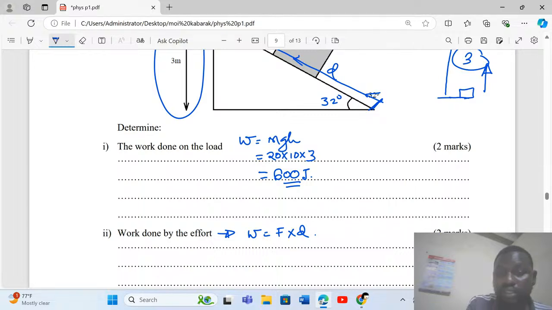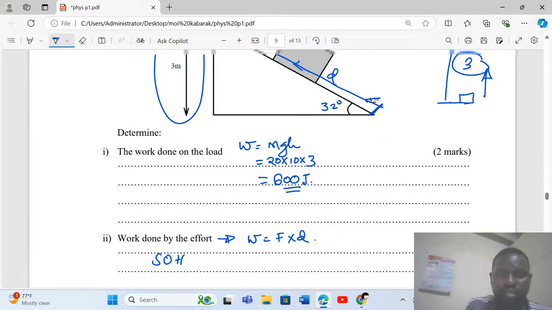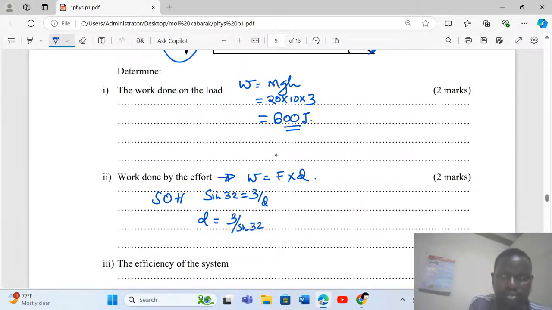This one we can use SOHCAHTOA, so our SOH will be 3 divided by sine of 32. Calculation, this will lead us to 5.661 meters as our d.